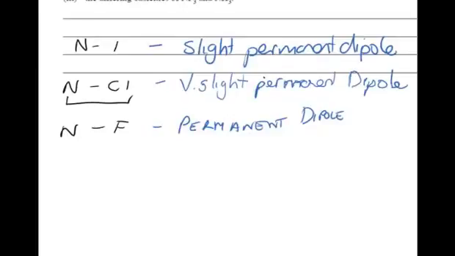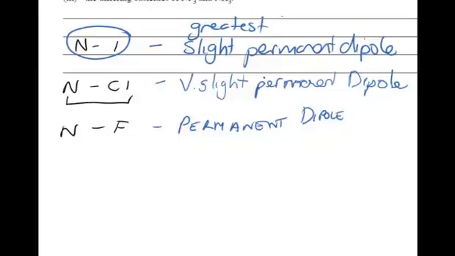Okay, now we look at nitrogen with iodine. It's going to have a slight permanent dipole, as we said, but also considering the temporary dipole bonding that could go on, we're looking at the size of the molecule itself. Now with 3 iodines present, and iodine being the largest atom out of iodine, chlorine and fluorine, that means this is going to have the greatest temporary dipole bonding.